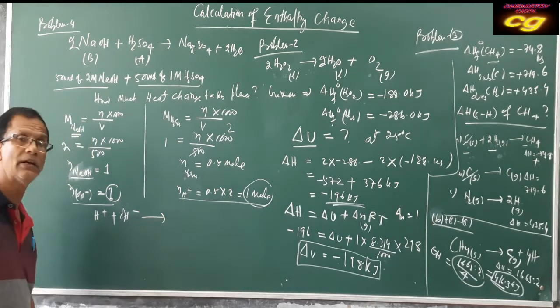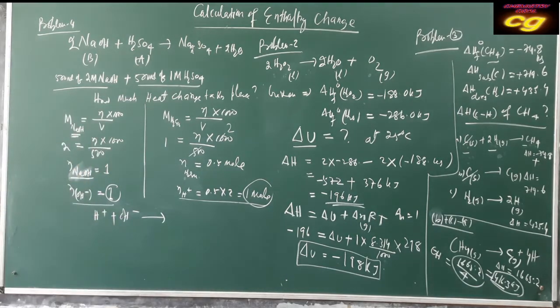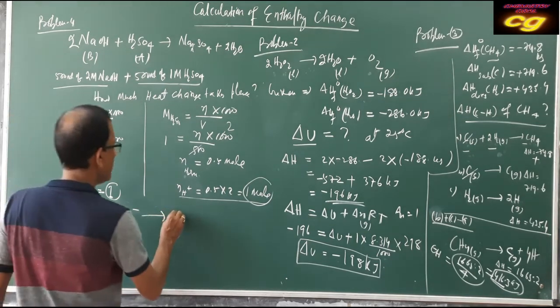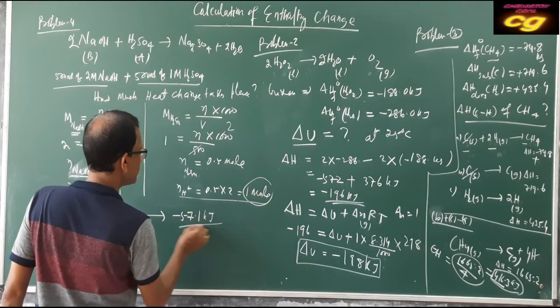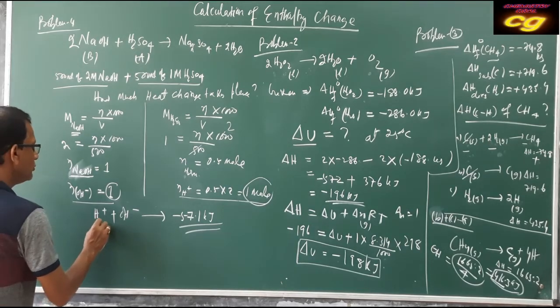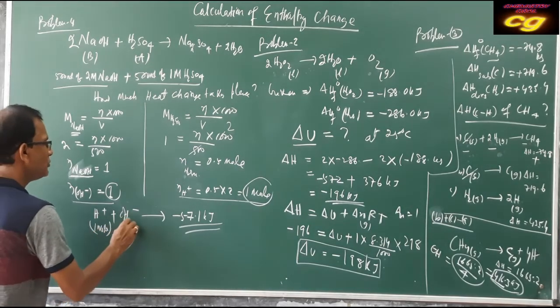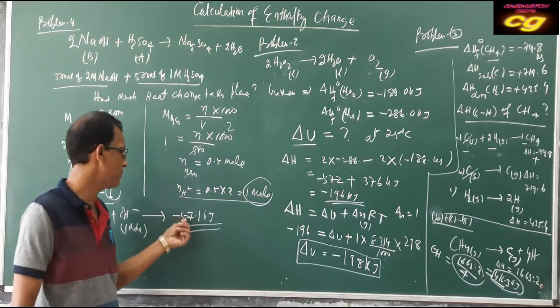Already you know the enthalpy of neutralization produces how much? That is minus 57.1. That is minus 57.1 kilojoule is produced. This is the formula of the neutralization reaction. If 1 mole H plus reacts with 1 mole OH minus, the enthalpy change is minus 57.1.